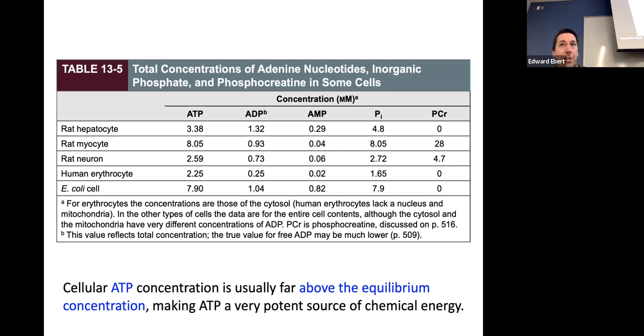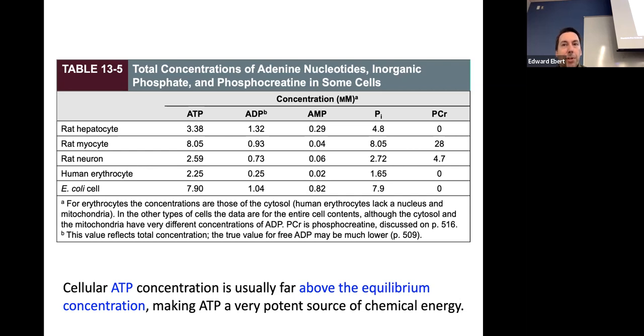We could look at changes in ATP as a measure of the energy balance of the cell, but a lot of times we'll look at AMP because we'll see bigger percentage changes. A 3% change we might not be able to detect very well, but a 30% change will show up really evenly. So AMP is often used as a sensor of the energy balance of the cell.